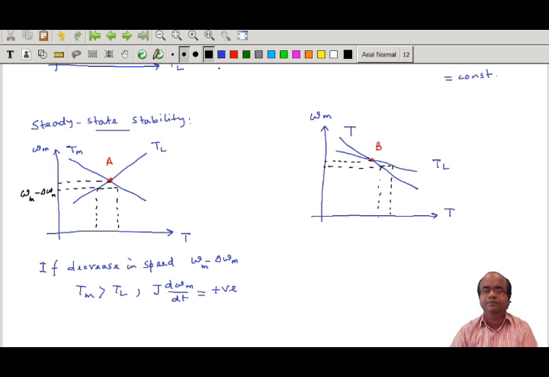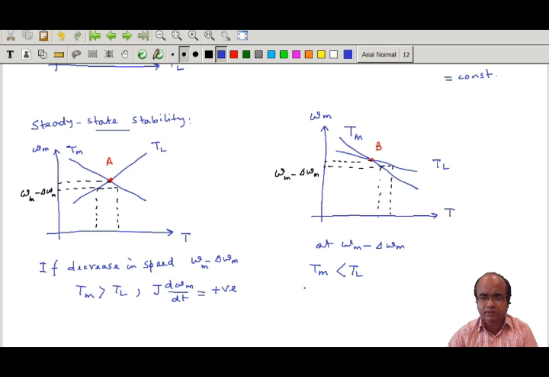With decreasing speed to omega m minus delta omega m, the motor torque Tm is less than TL.